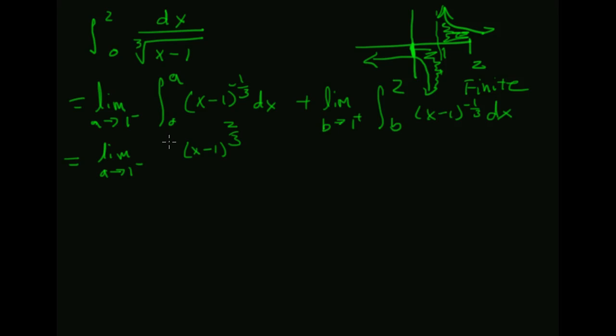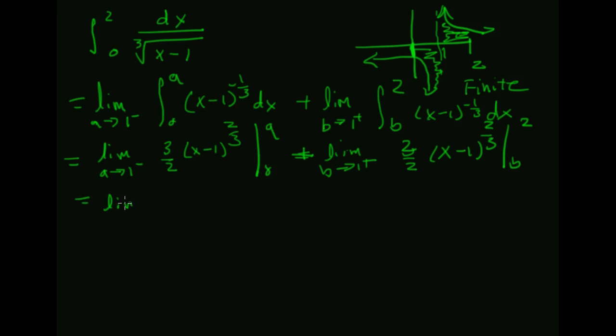So this is going to be 3/2 in front of that, from 0 to a. And the same thing here: the limit as b approaches 1 from the positive side, and this is also going to be 3/2 times x minus 1 to the 2/3, now from b to 2.